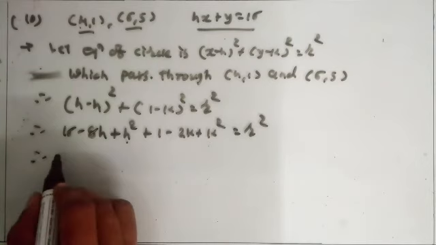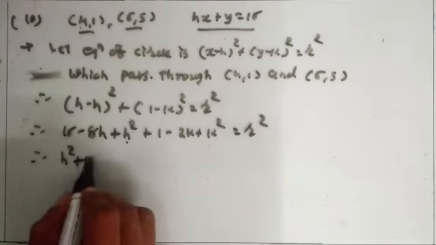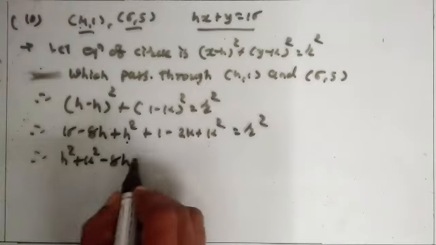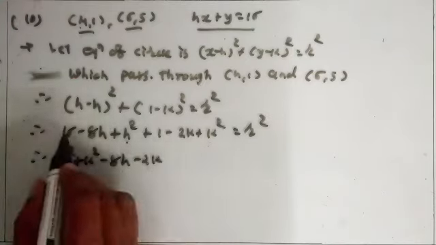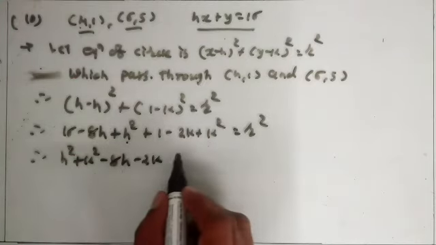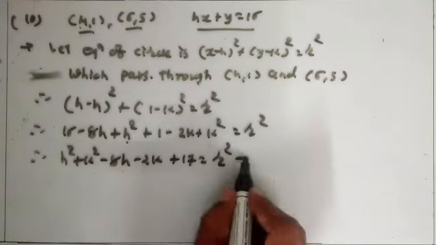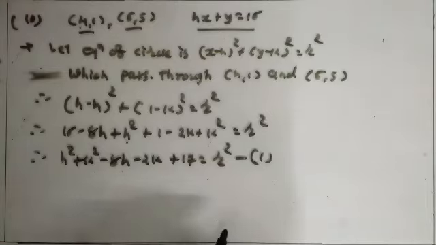Therefore, simplify this: h square plus k square minus 8h minus 2k plus 16 plus 1, 17, is equal to r square. Take result number 1.